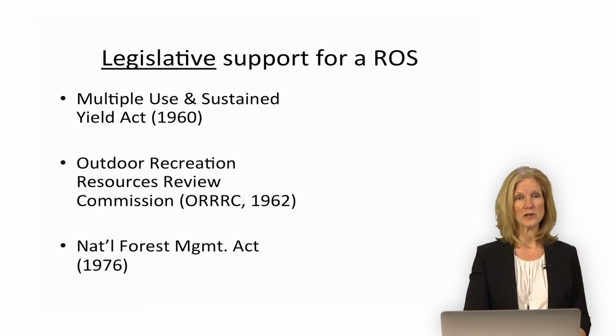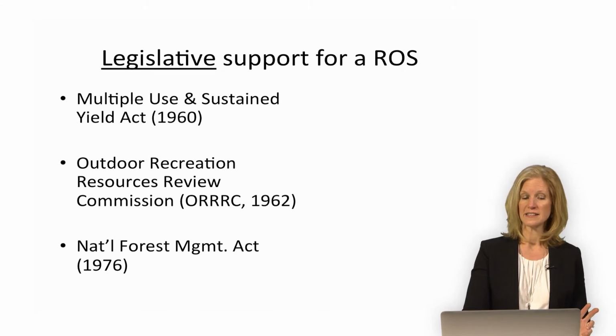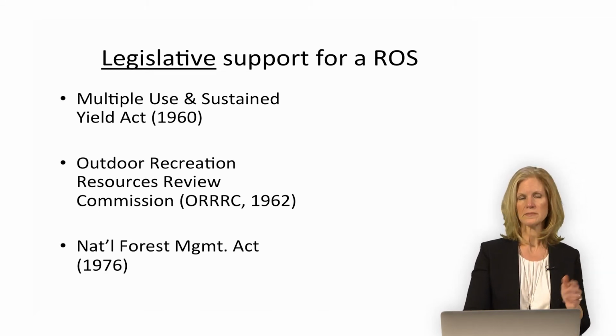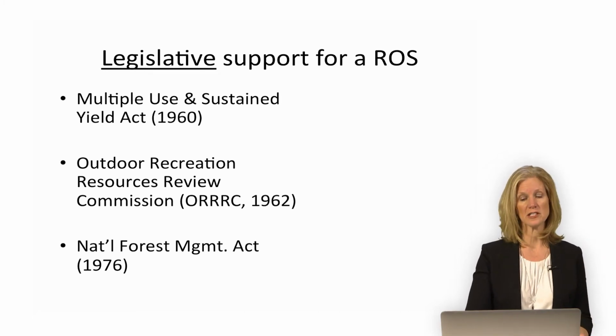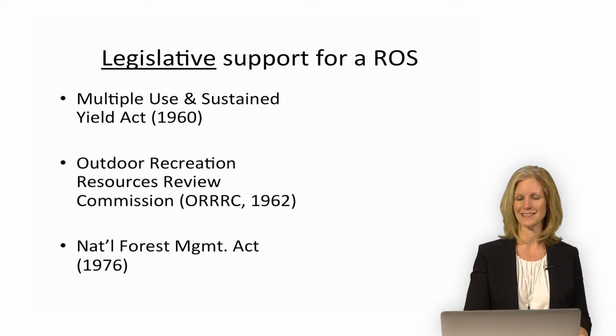Finally, the National Forest Management Act in the mid-1970s required that forest plans provide for outdoor recreation opportunities and that timber harvests consider their effects on recreation. So although not mandated, the importance of a spectrum of recreation opportunity experiences was recognized early on.